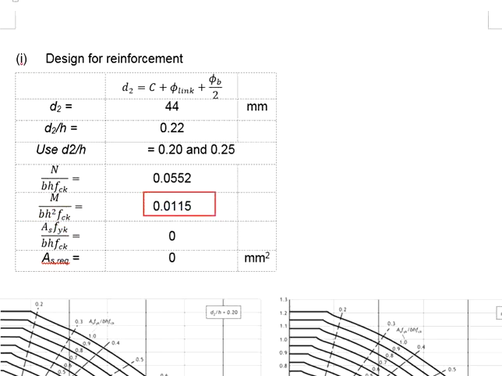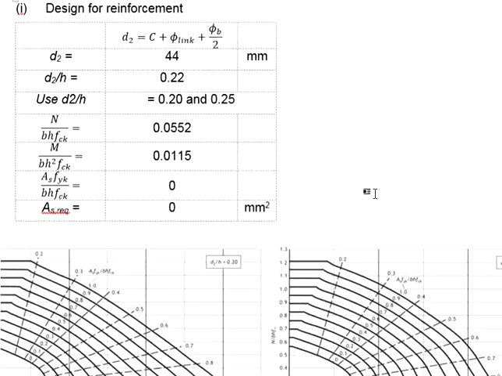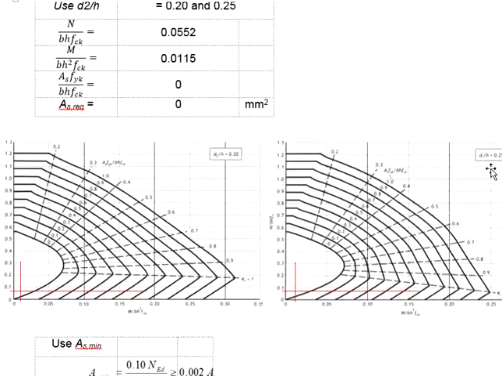You get this value. The next step will be referring to the column design chart. In fact, there are quite a number of column design charts. You will need to look at the D per H ratio. Use the suitable column design chart in accordance to its D per H ratio.